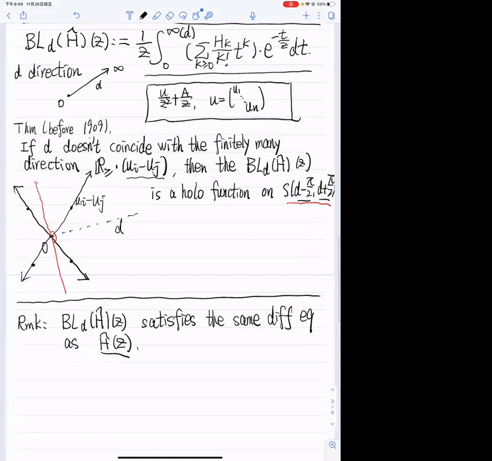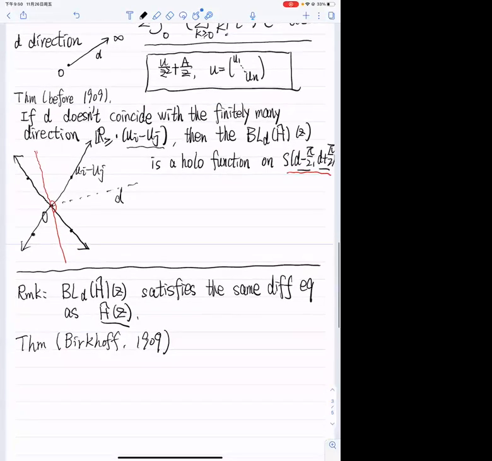So given this remark, we can conclude that, I don't know who found this theorem first. Probably you could tell me, but at least it was known to Birkhoff, or even earlier, I don't know, 1909 or 07, 09 for differential equation, 07 for difference equation.